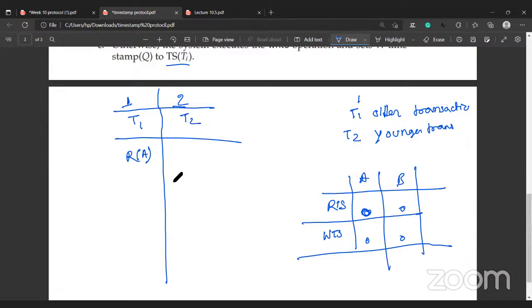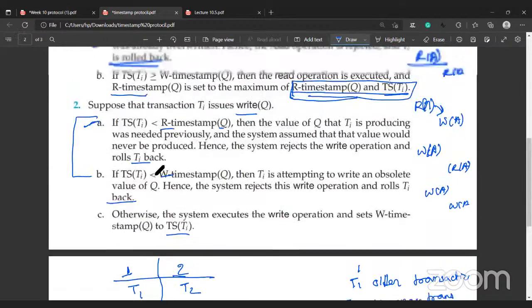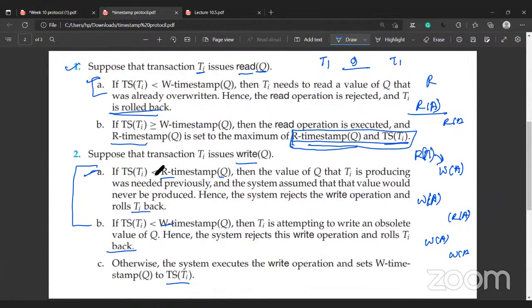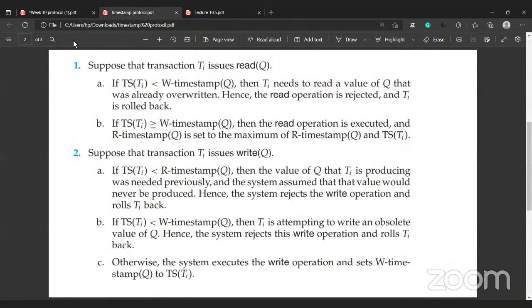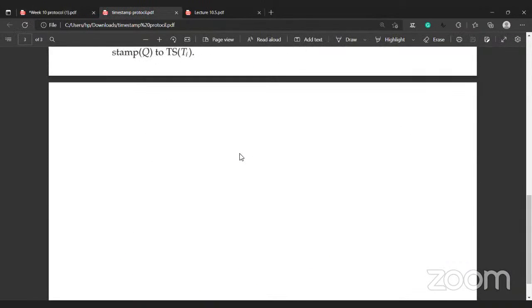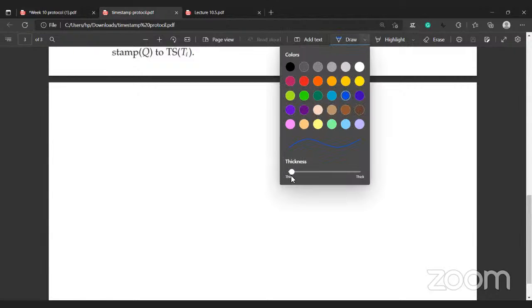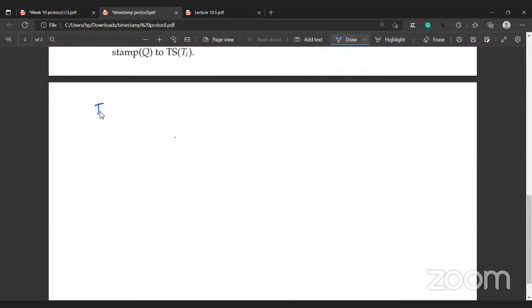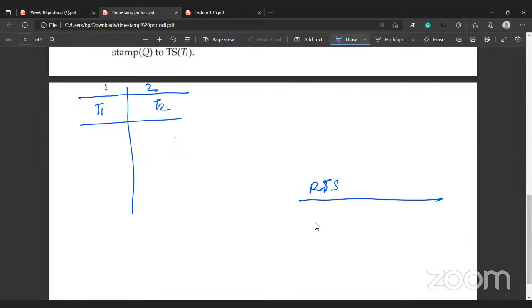So transaction T1 performs a read operation, so you have to check this condition. Okay, so let me erase. T1 and T2, this is 1, this is 2. Read timestamp, write timestamp.